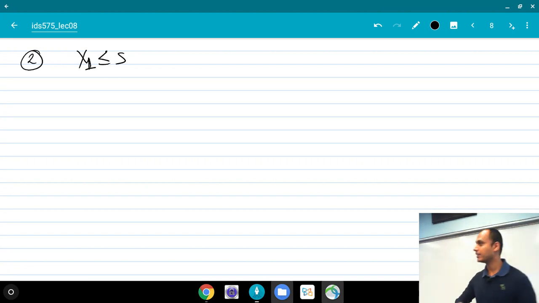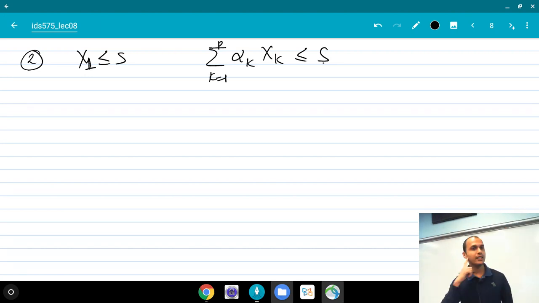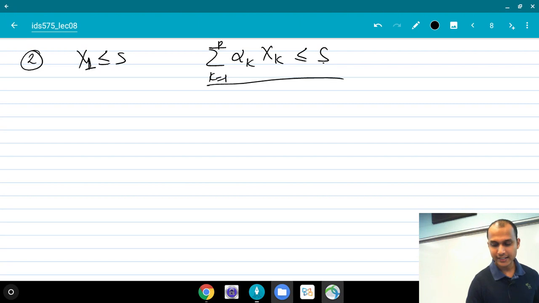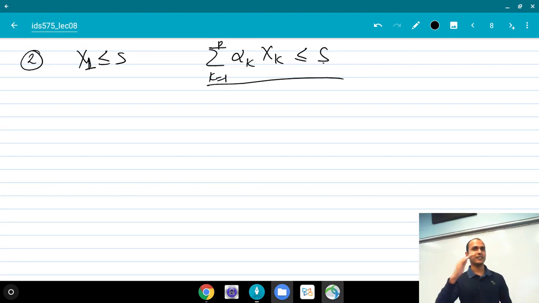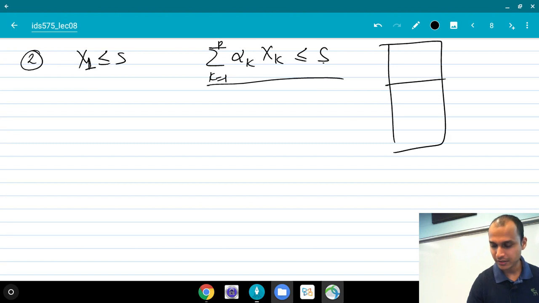You can also do something else: why should I pick a particular feature to split? I can always split as the sum over k equal to 1 to p of alpha k times xk being less than or equal to s, where k is the feature index. So instead of picking one feature and figuring out left or right, I can figure out a hyperplane or a line in that region.